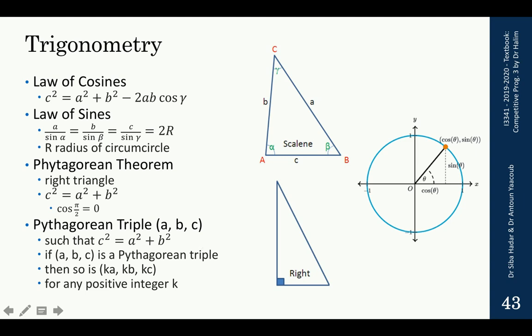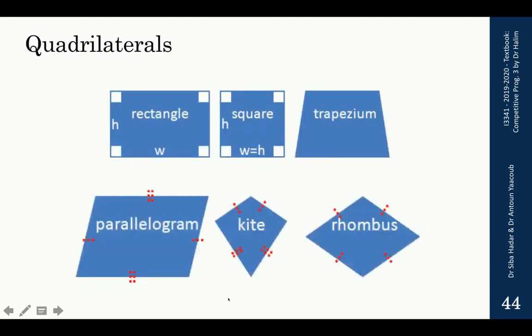And we call a Pythagorean triple ABC the 3 values where such formula applies, where c to the power 2 is equal to a to the power 2 plus b to the power 2. So if A, B, and C are a Pythagorean triple, then so is k times a, k times b, k times c for any positive integer k.